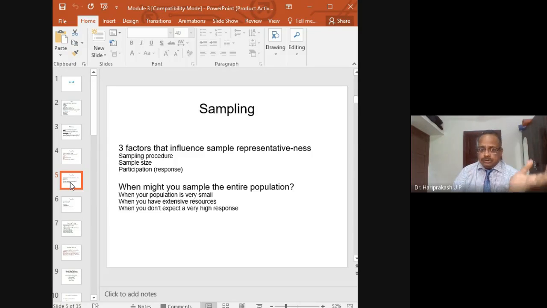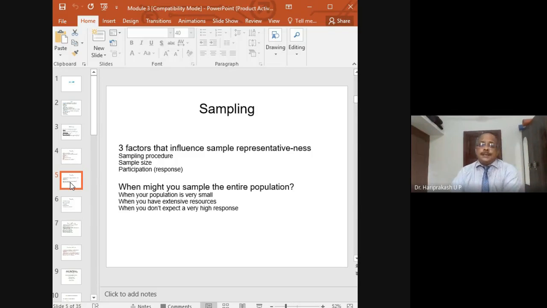Income, same proportion. So all these demographics, or if you're dividing the population through psychographics, whatever percentage is in the population, that should be reflected in the sample also. Then we say the sample is representative. Otherwise, it is not a representative sample.